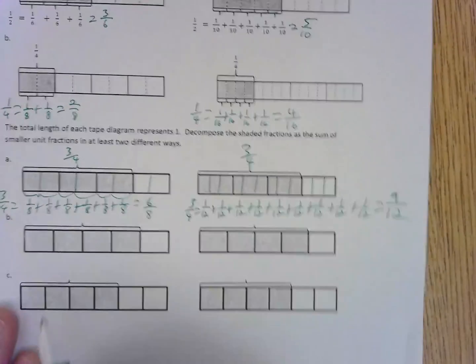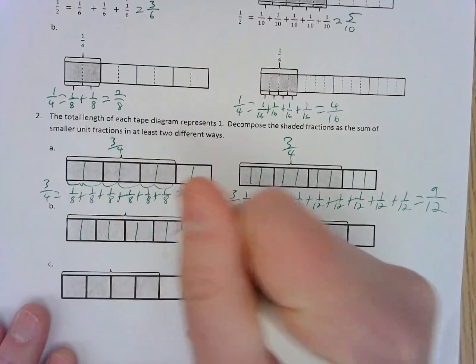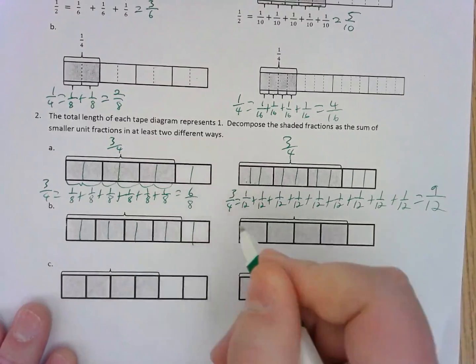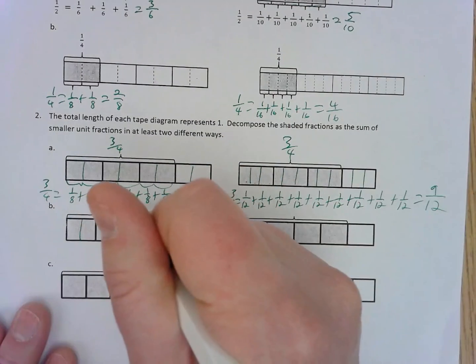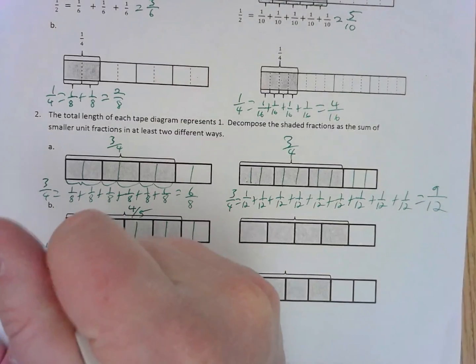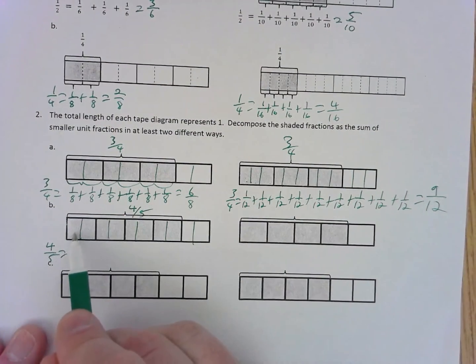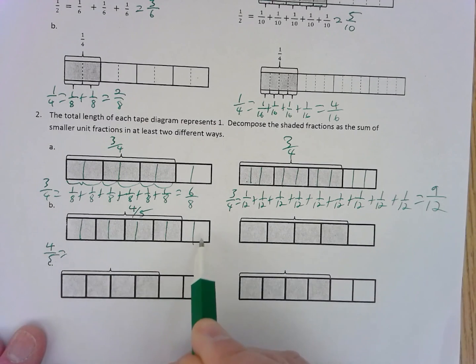I'll do one more of these just so you get the picture. So we're cutting them in half. Start with that. So this whole fraction here, our original is 4/5. So we get 4/5 equals, and then since we cut our fifths in half, we now have 1, 2, 3, 4, 5, 6, 7, 8, 9, 10 of them.